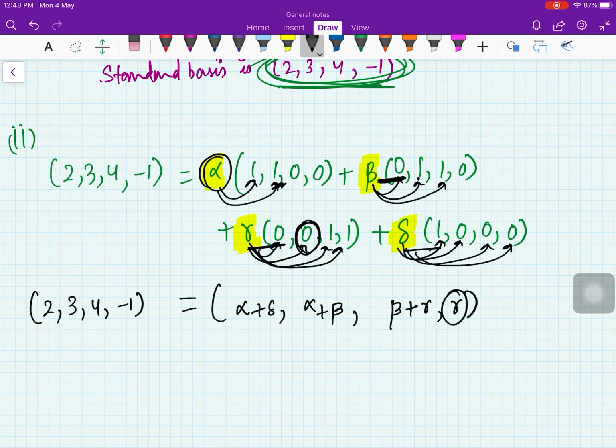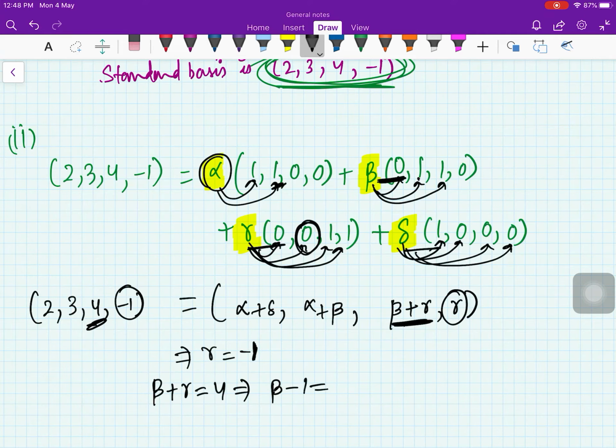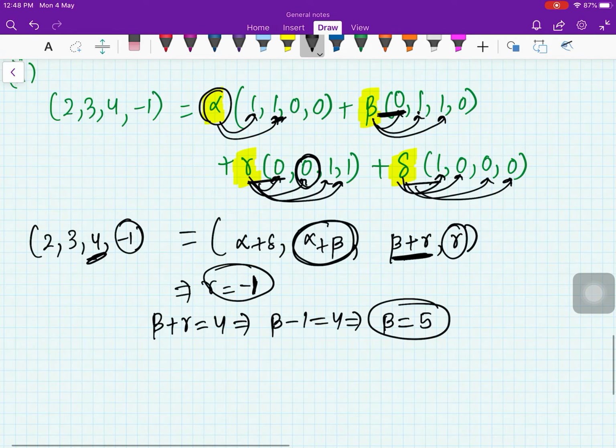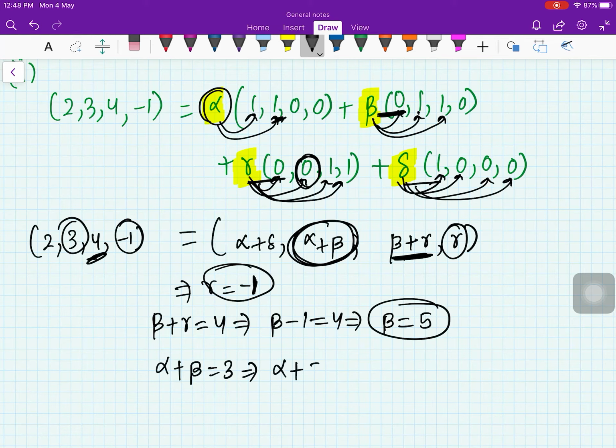Just compare. Gamma is equal to -1. Then beta plus gamma is equal to 4, which implies beta minus 1 is equal to 4, which implies beta equal to 5. Then alpha plus beta equal to 3, which implies alpha plus 5 is equal to 3, which implies alpha is equal to 3 minus 5, this is minus 2.